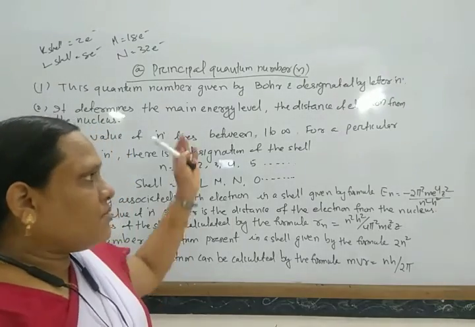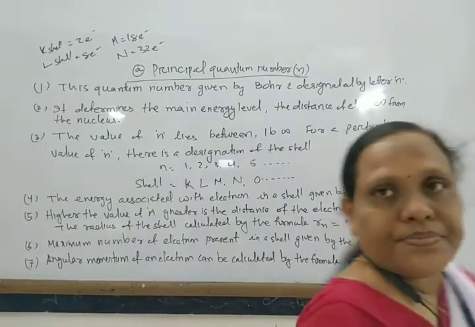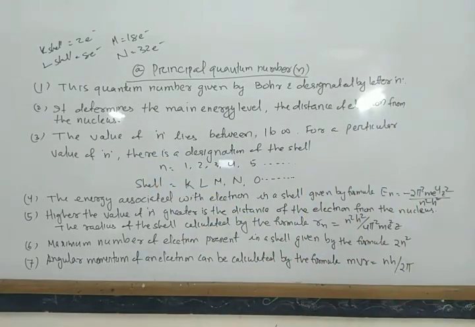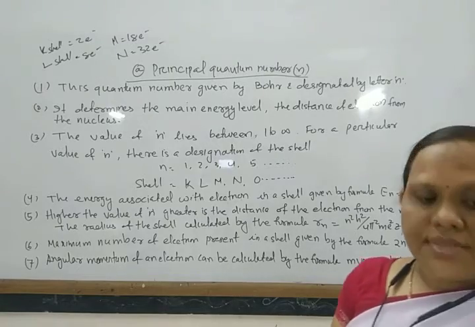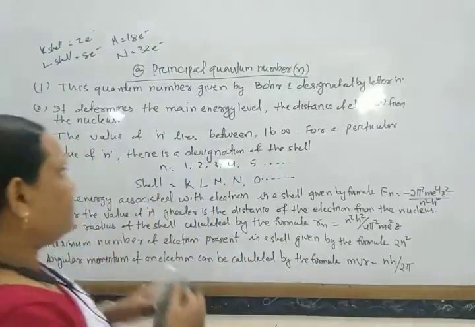So just point out all these numbers. Okay, all these points, write down all these points. So this is about principal quantum number.